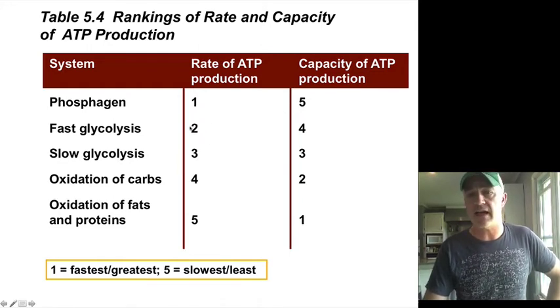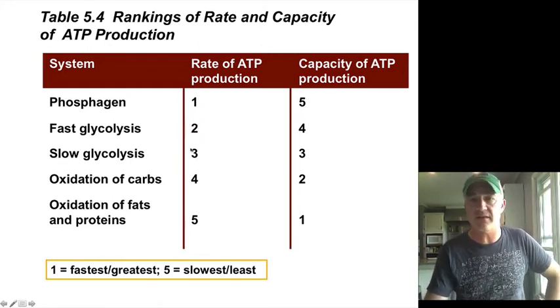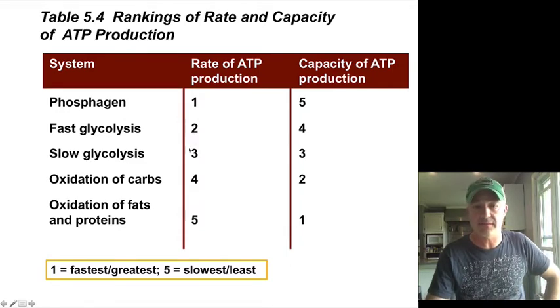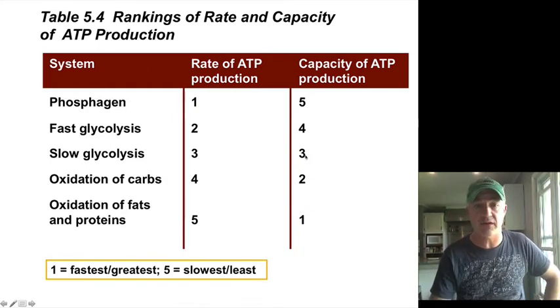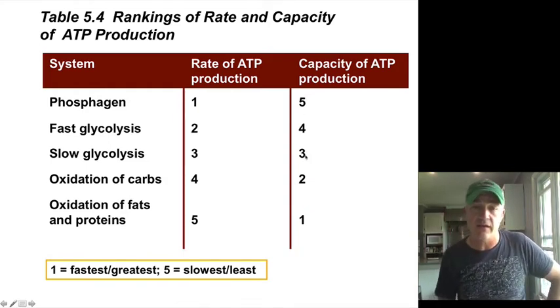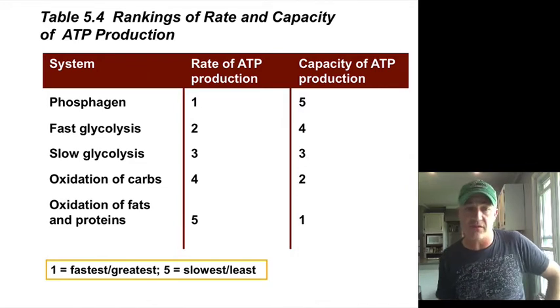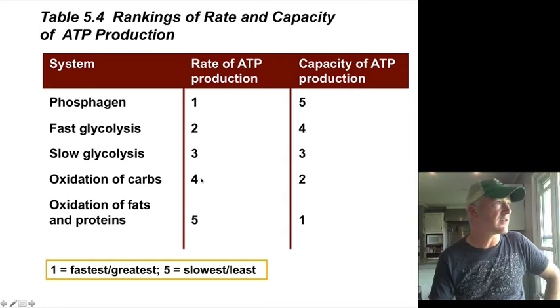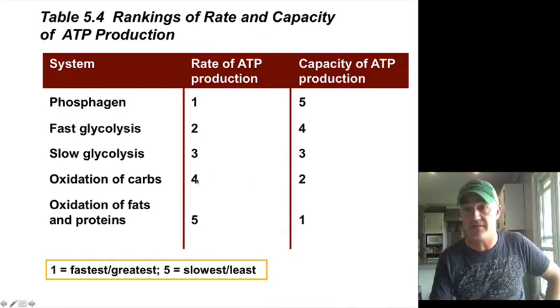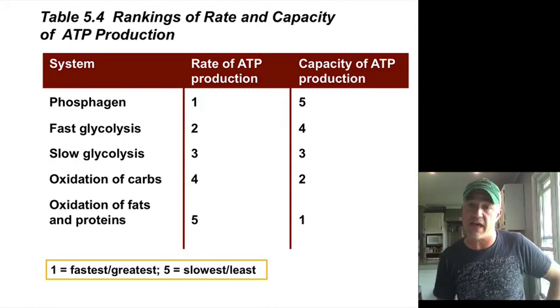Fast and slow glycolysis, both of these can generate ATP relatively quickly. That being said, there's not a ton of capacity, more than the Phosphagen system, but not as much as the oxidative pathway. And again, oxidation of carbs versus oxidation of fats. Oxidation of carbs is going to be a little bit quicker, can provide that ATP a little bit faster, but it starts running out of capacity at about 2.5 hours of that level of intensity.